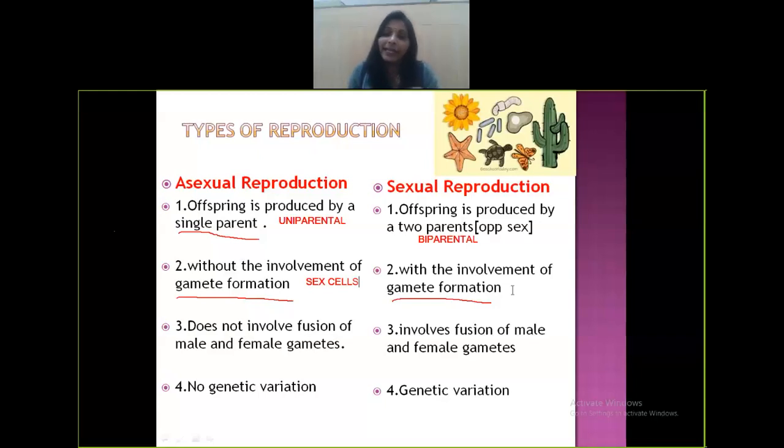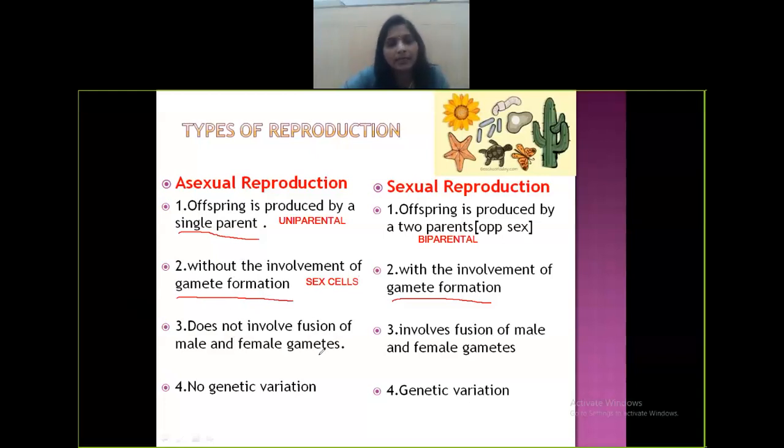For example, in human beings, you can differentiate between the egg and the sperm. Egg and sperm are gametes, male gamete and female gamete. So here you cannot differentiate. First of all, there is no formation of gamete itself. So when no gametes are formed, of course, there will be no fusion of male and female gametes.